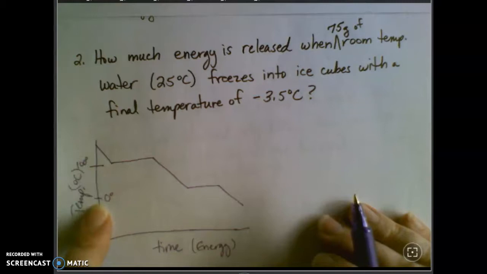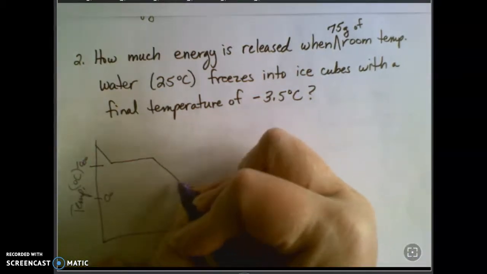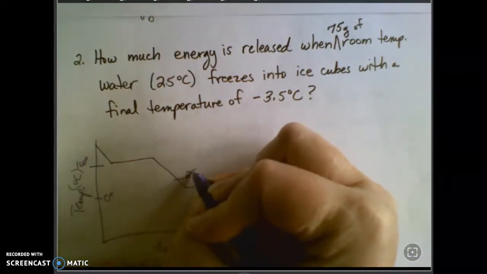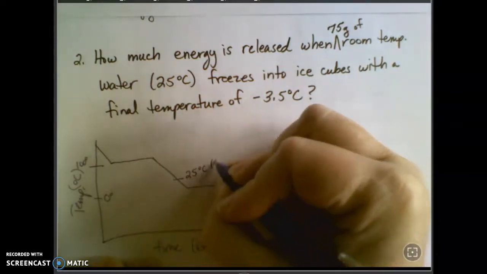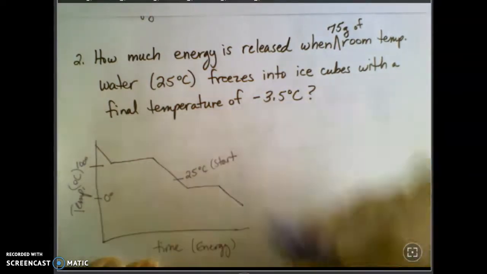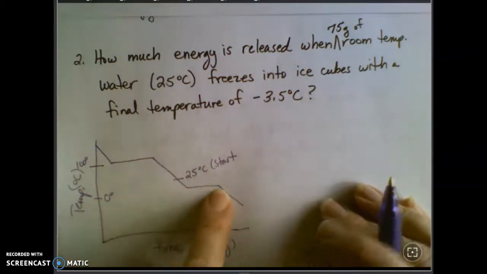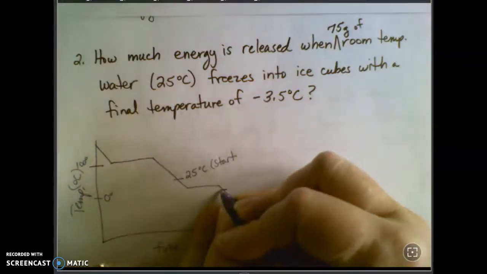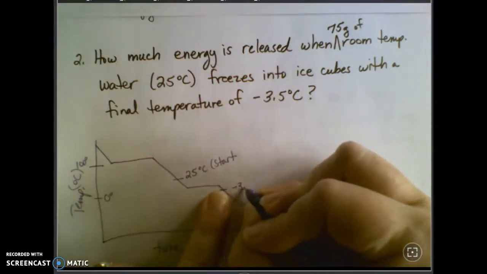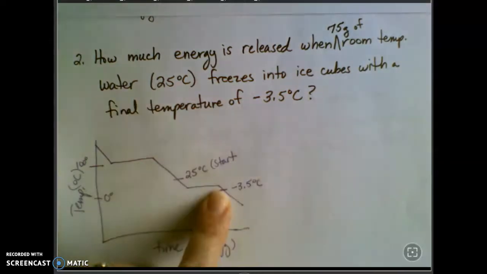So that's between 100 and 0. So that's on this slope here. Let's say that's right there, 25 degrees Celsius, and this is where I start. I end up at negative 3.5 degrees Celsius. So if this is 0, negative 3.5 is just right below that.